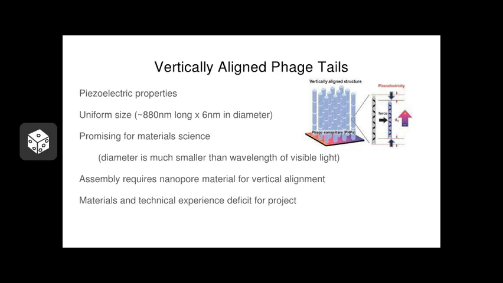The problem with this is that the processing to get this to happen is well beyond the scope of what we're capable of in 6 weeks. There's a nanopore filter that needs to be either fabricated or ordered just to get these things aligned vertically, and the technical experience necessary to do this is, I think, beyond what, again, we could manage in such a short time frame.